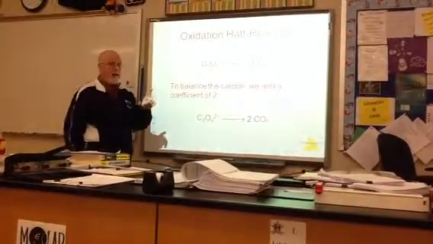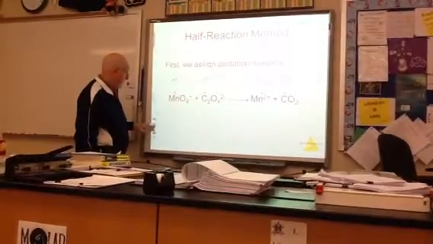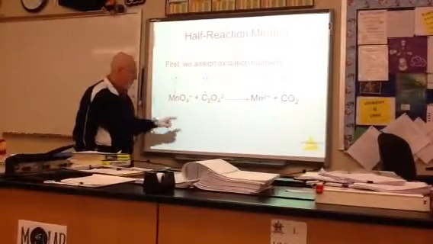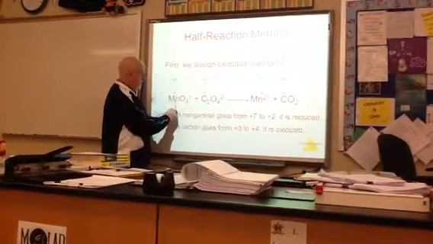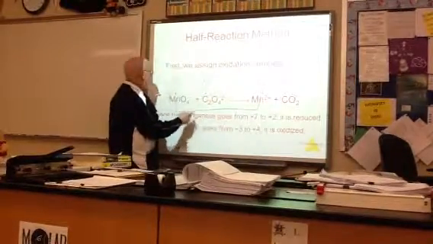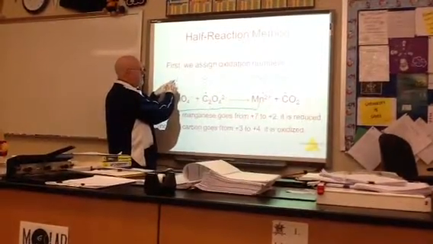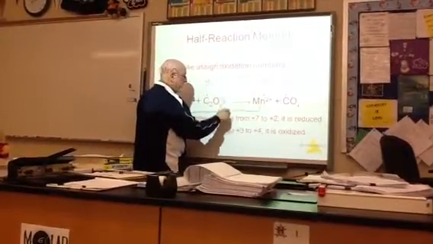Okay? And what I would also do, now that you asked that question, is match them up just on my own. I would look at the numbers. We're going from a +7 to a +2. That means we're gaining electrons.